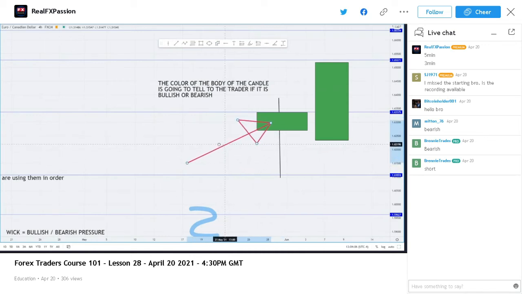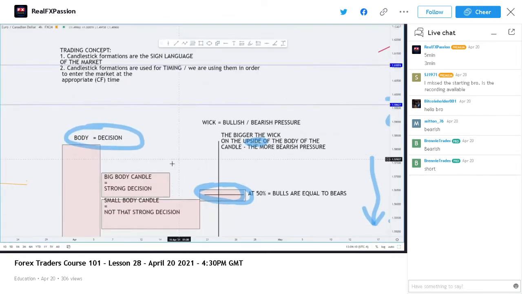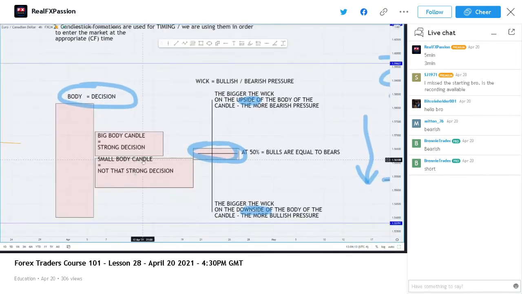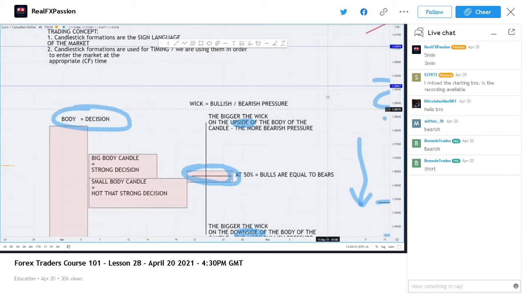So bullish, correct. Is this a strong decision or not that strong decision? Small body candle, not the wick, don't confuse the two. We are not talking about the wick, we are talking about the body of the candle. Small body candle, not that strong decision.